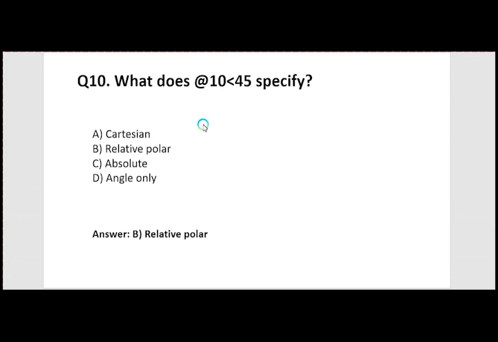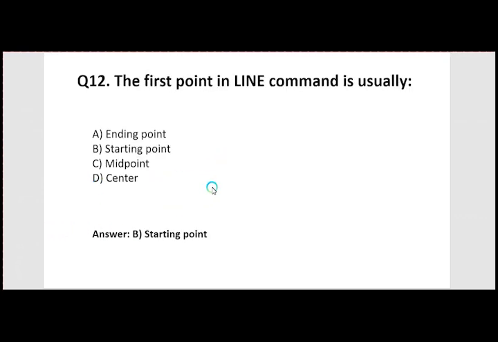Question number 10. What does @10<45 specify? A. Cartesian, B. Relative, C. Absolute, D. Angle only. Answer is relative polar.